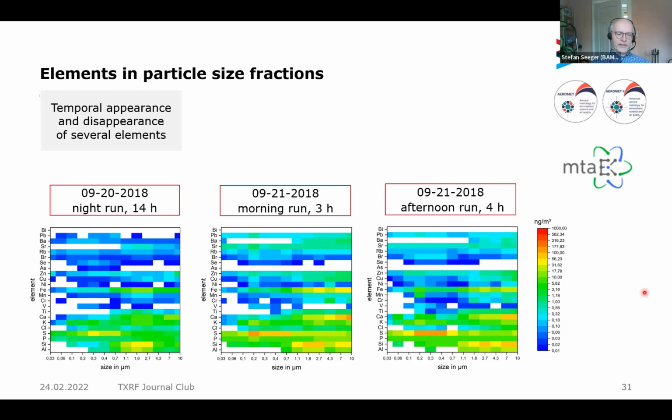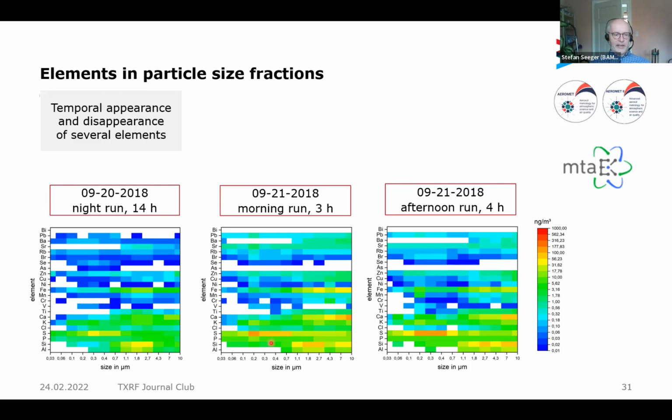Several of the elements will increase in mass concentration in the aerosol, and that is understandable from the environmental point of view, because some of the activities related to the emission of these elements just start again during the morning and come to rest in the night.